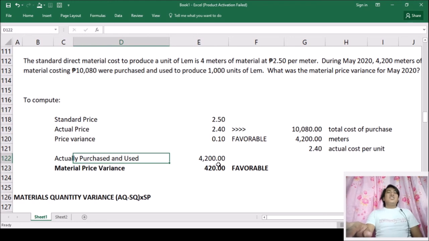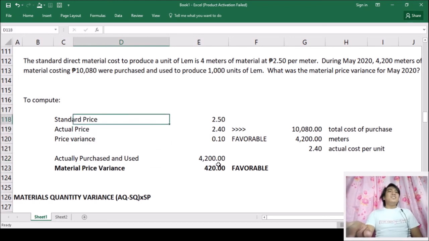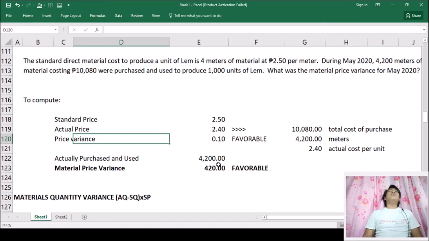So, in short, to compute the material price variance, that is the difference between the standard price and the actual price, and the difference shall be multiplied by the actual quantity purchased.